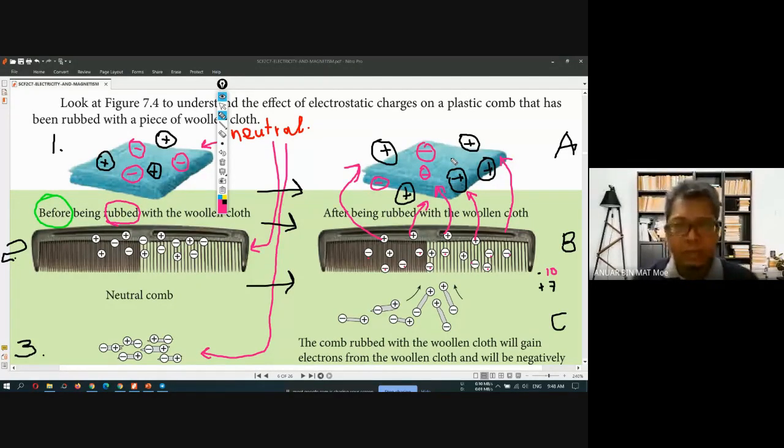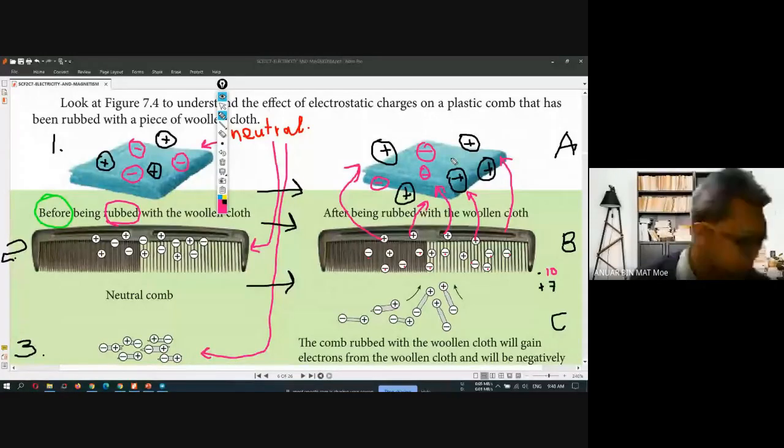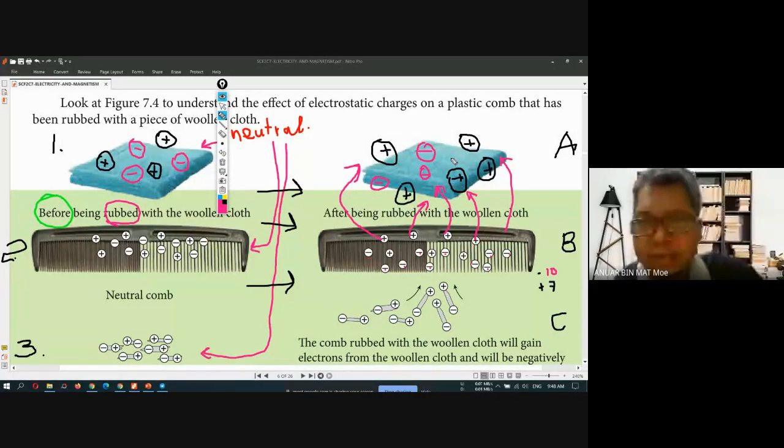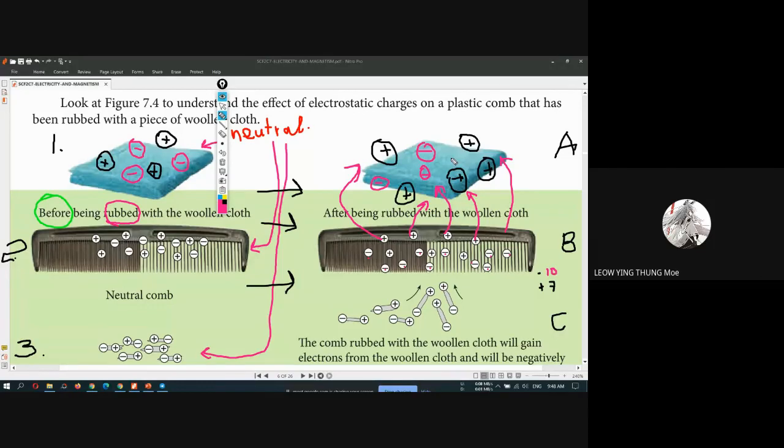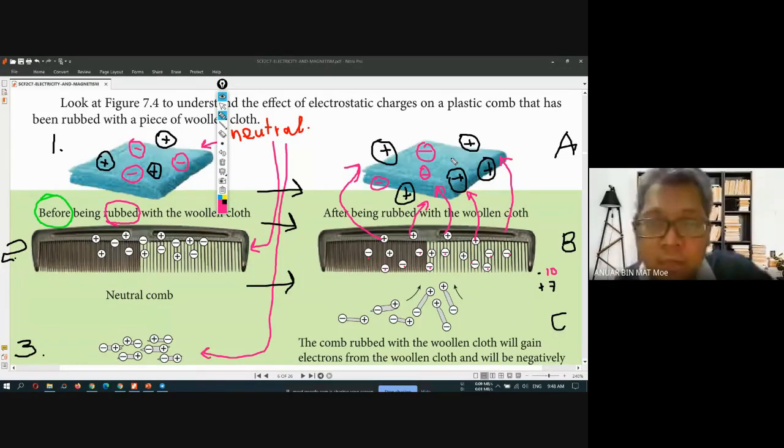Why do the charges jump or transfer? Because there is what? What's the word? Because there is friction.